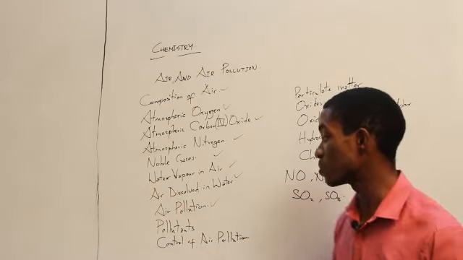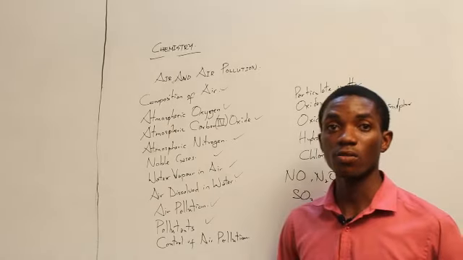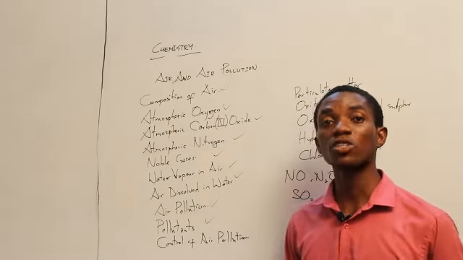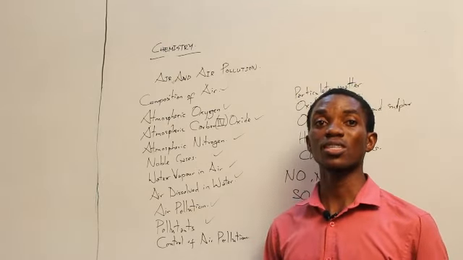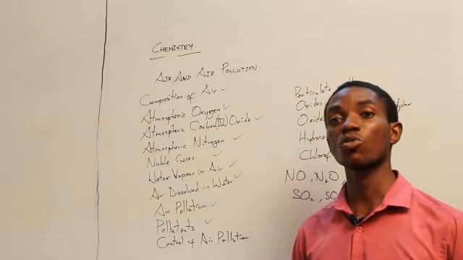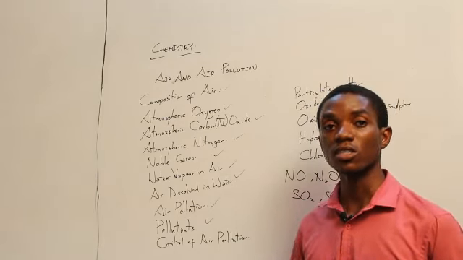So how can we control air pollution? Number one is to adhere strictly to regulations. Of course, these regulations have to be created so as to cancel out these pollutants.